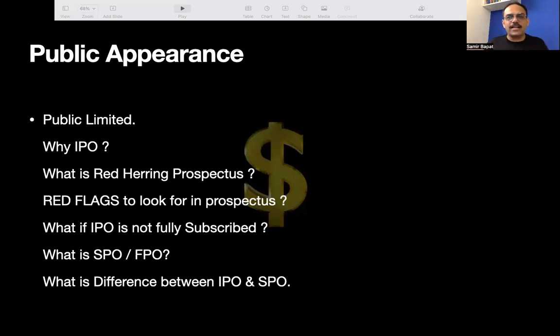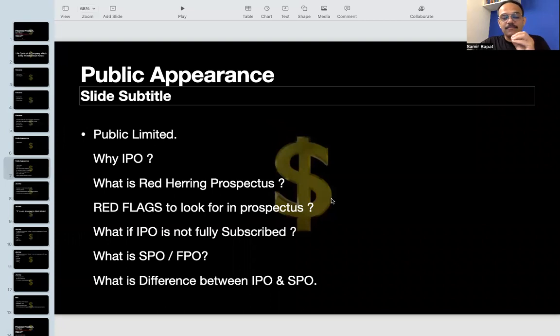Now they have to give the red herring prospectus. They have to give a prospectus explaining why we are coming with this IPO. Now, as a common investor, what is the red flag which you have to see in the red herring prospectus? First red flag is, many times the VCs who have invested in the company, or the promoters, instead of taking money from the IPO from the public and investing in the company, say, okay, I have some shares, I will sell my shares in this IPO.